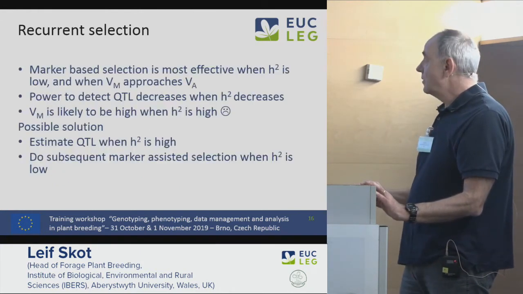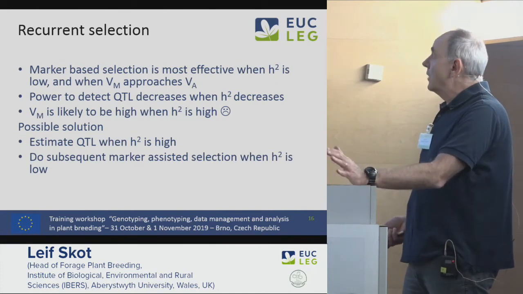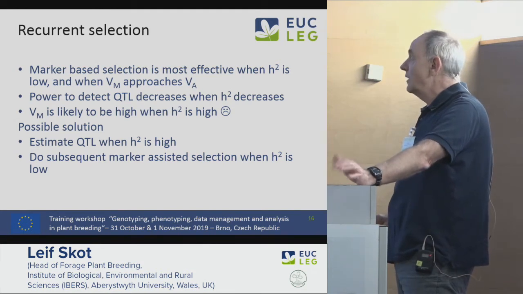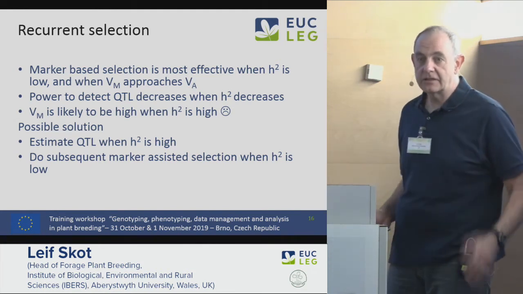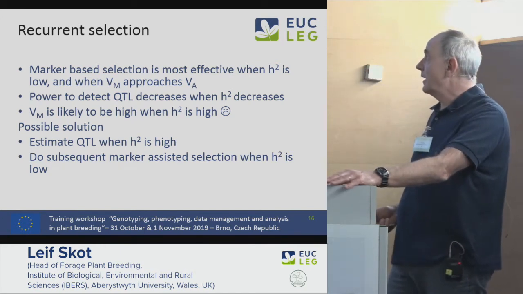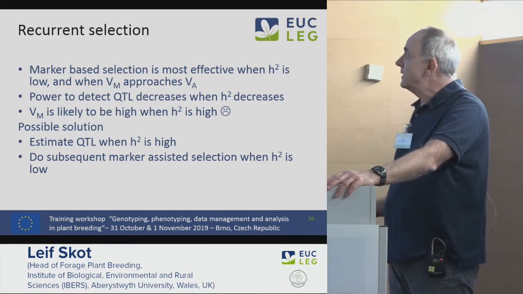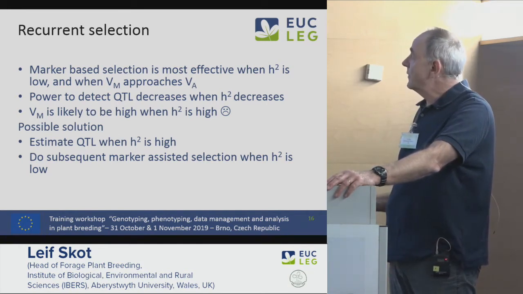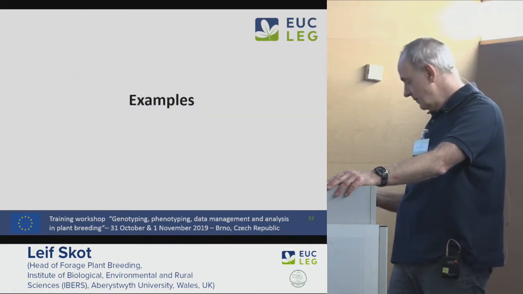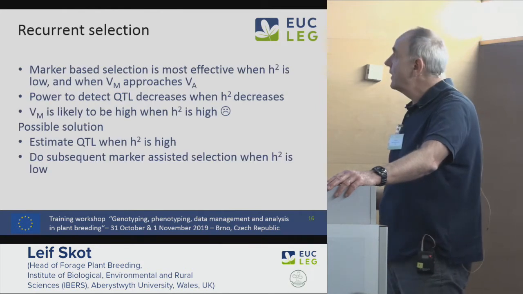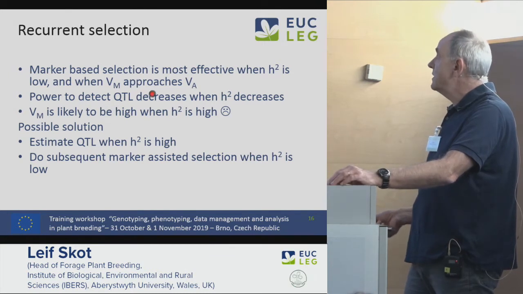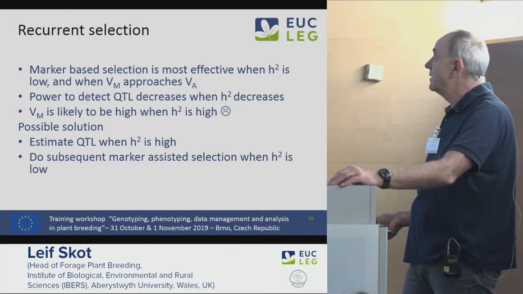So as I said, marker-based selection is most effective when the heritability is low and when the variance explained by the markers is approaching the additive variance. And the power to detect QTLs decreases when heritability decreases.